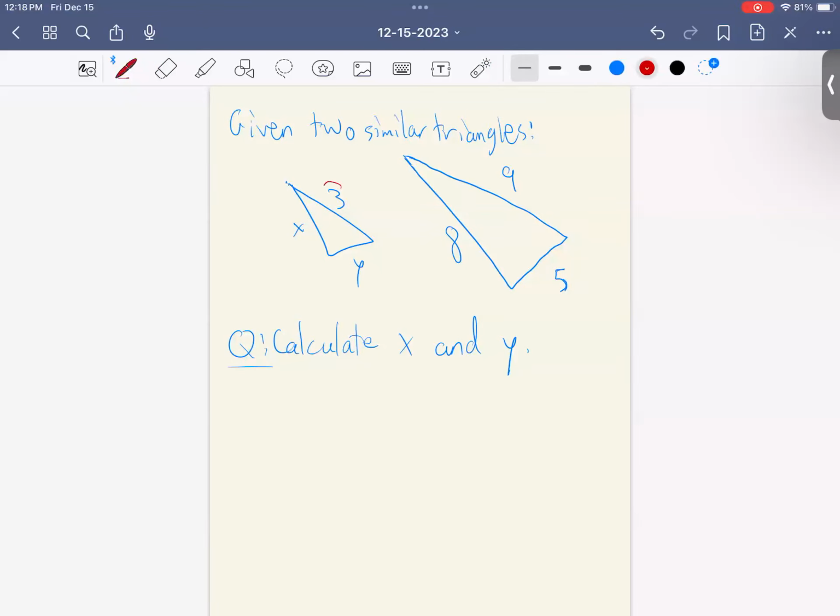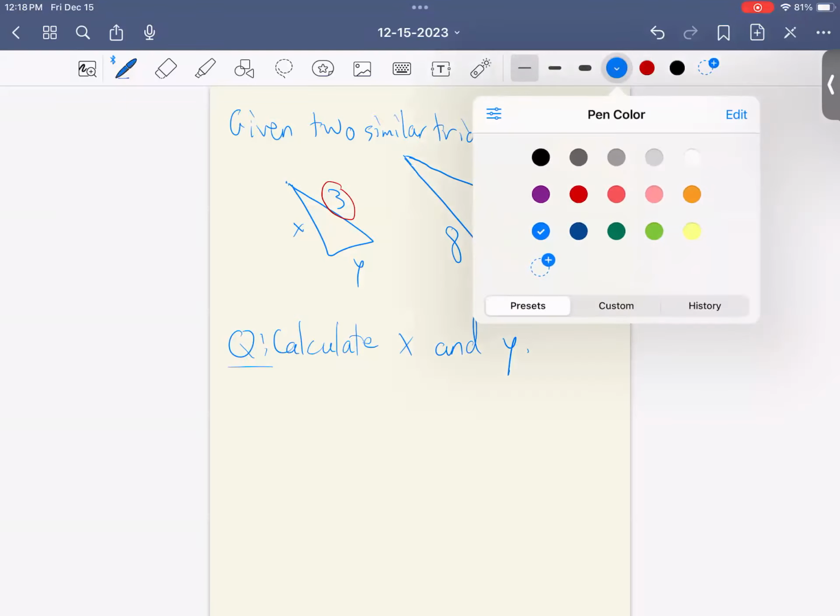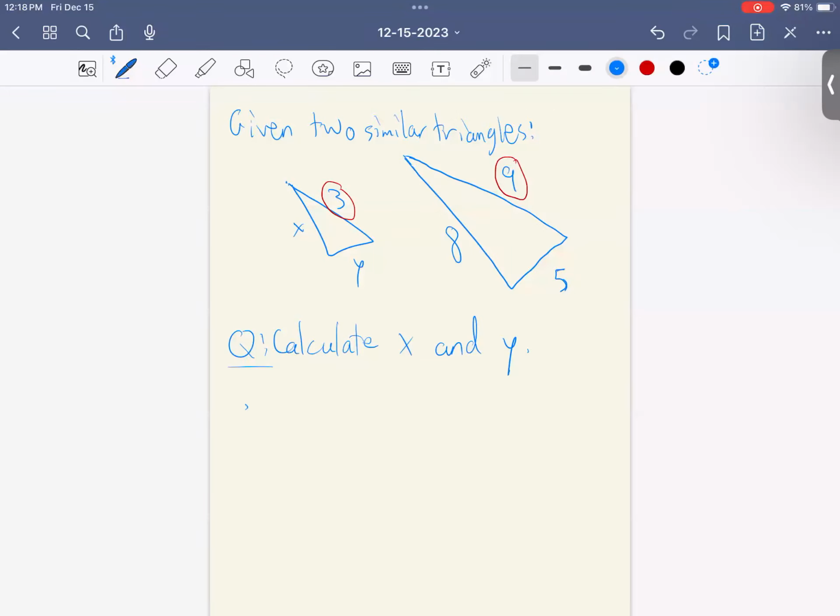Well, I have a side length 3, and I have a side length 9. So the common ratios here tell me that 9 over 3 is equal to what? I mean, I know it's 3, but what other ratios is 9 over 3 equal to in terms of the other sides of the triangle?